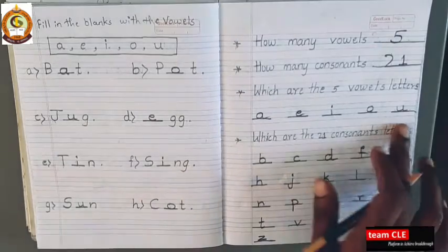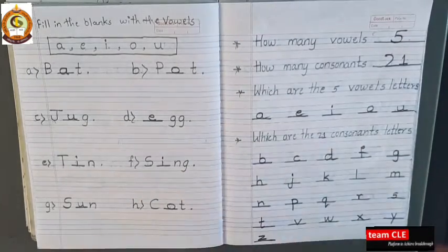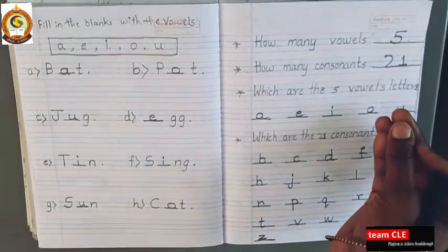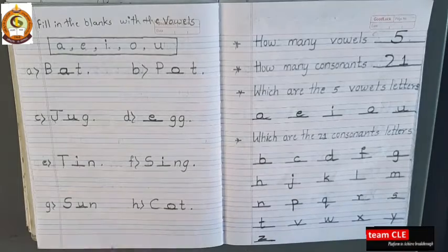Yes. So these are the vowels and these are the consonants. Understood? You have to know which are the vowels and which are the consonants very well, children. You have to practice it.